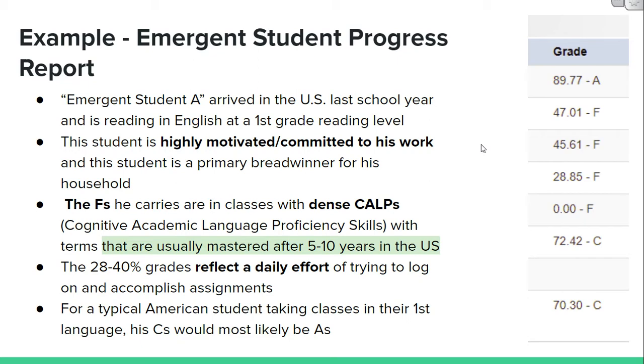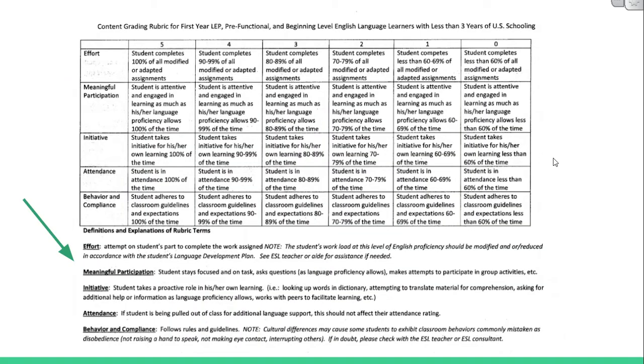Now, for a typical American student who would be taking these classes in their first language, his Cs would most likely be As and his Fs would most likely be maybe Cs or Bs. Okay. So, emergent students, we do have a different grading scale for them that is provided by our district.